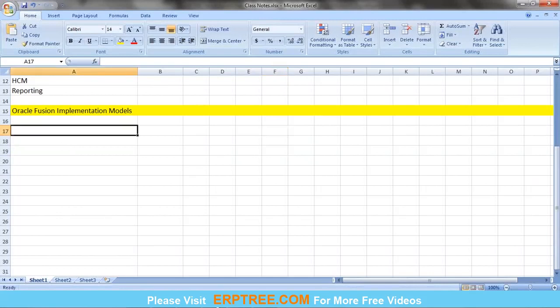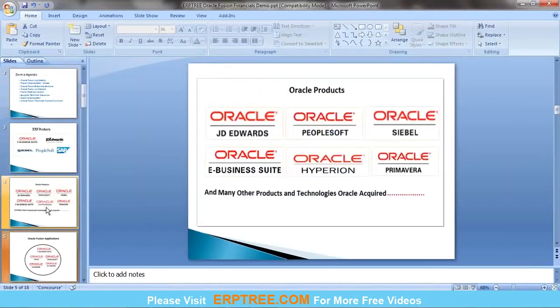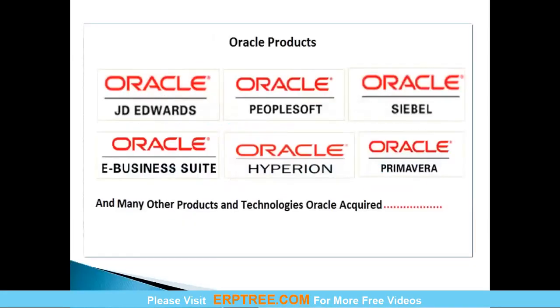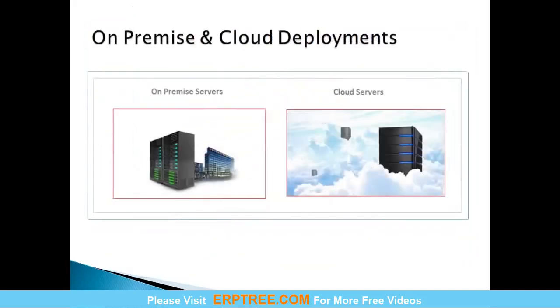Here we basically have the primary classification, which would be the deployment. If any company is going to implement Fusion Applications, they can go with one of two options: on-premise or cloud.